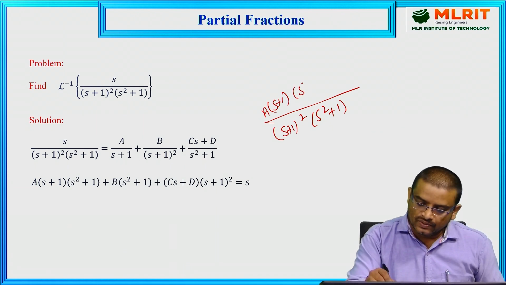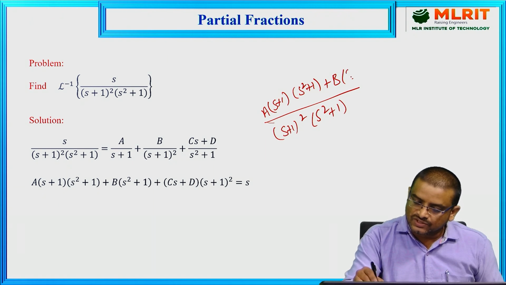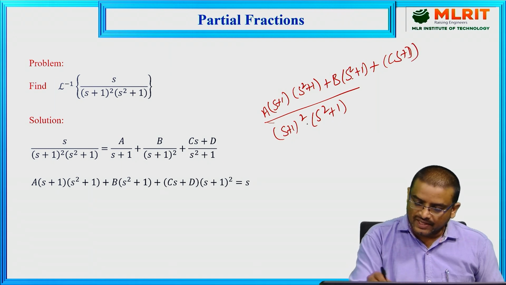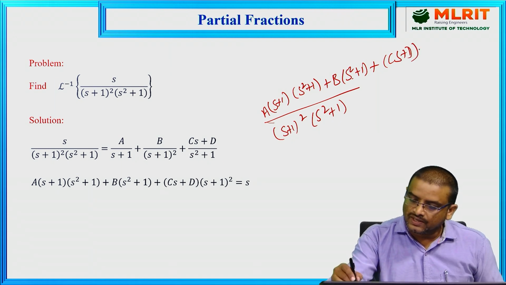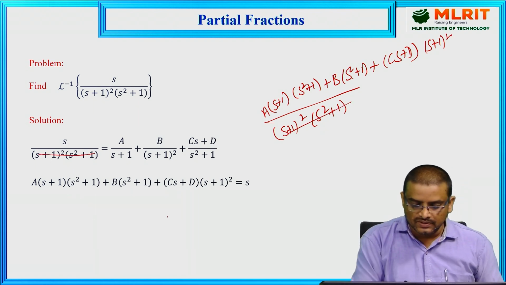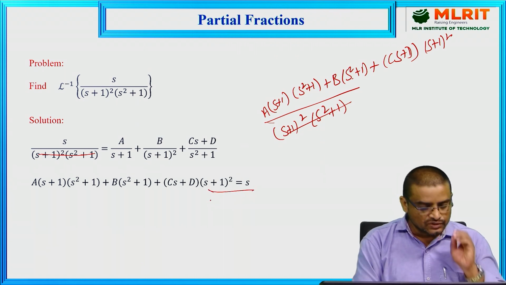So you take that, plus b into s plus 1 whole square in the denominator, you cancel this, the remaining one is s square plus 1, plus cs plus d into, if you cancel this s square plus 1, the remaining one is s plus 1 whole square. This is our remaining term after cancelling the denominator on both sides.